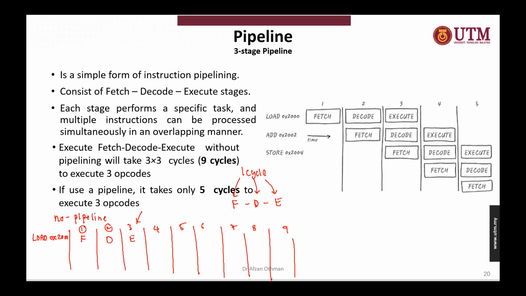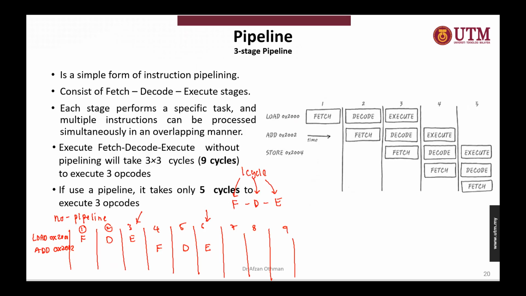Once this is finished, then you can do the second instruction, ADD 0x2002. It starts on the fourth cycle. First we fetch, then we decode, then we execute that instruction. By cycle 6, the second instruction is already finished.